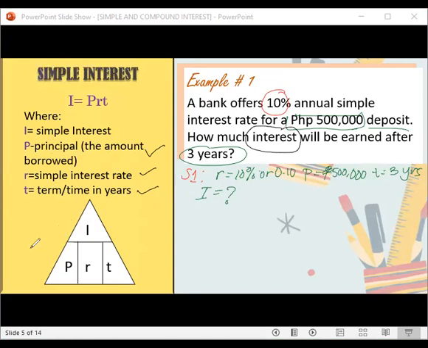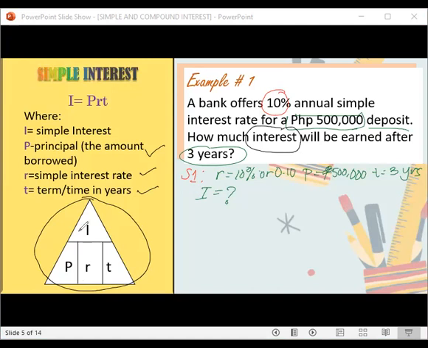As you can see, we have here a pyramid. So, ma'am, ano po ang gagawin namin sa pyramid na yan? Okay? Itong pyramid na ito, para mas madali nyong mahanap or malaman yung formula, pwede nyong gamitin itong pyramid.